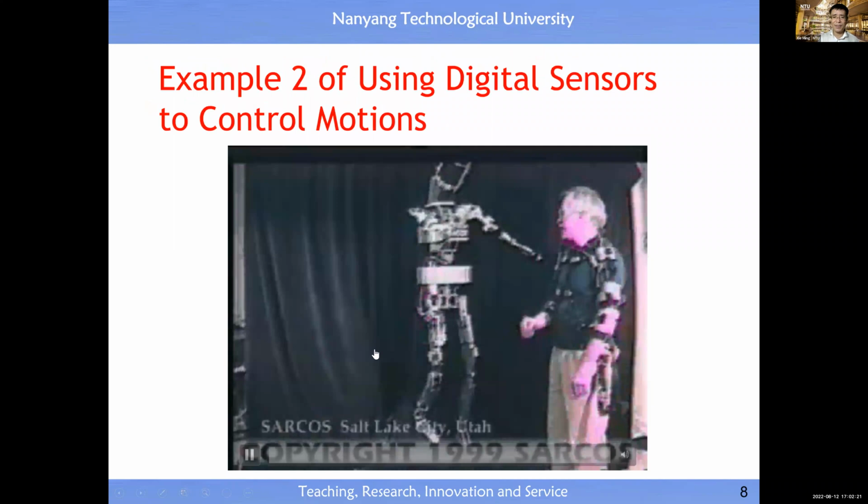And here also you see a rotary motion. This robot can perform a rotary articulated motion, all right? Okay.